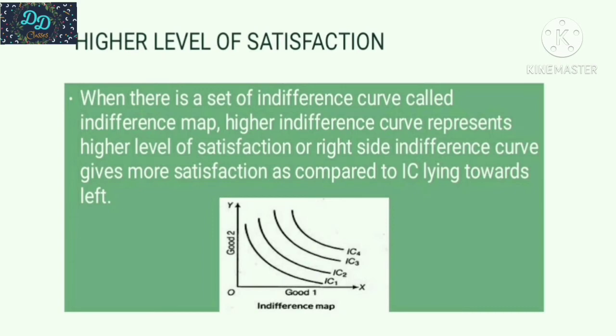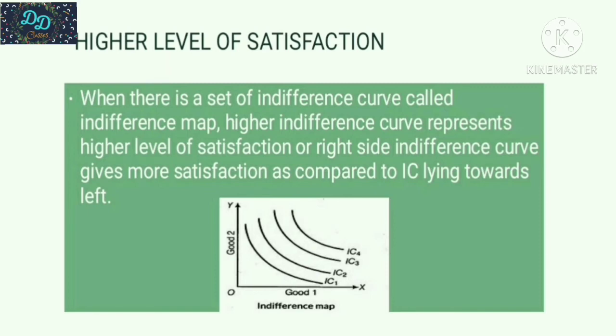So points on the same IC indicate indifferent bundles, whereas points on higher ICs, that is IC1, 2, 3 and 4, indicate the preferred bundle, as a rational consumer always wants to obtain more satisfaction. That is the third property of indifference curve.